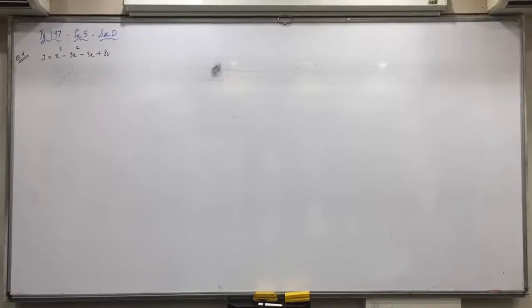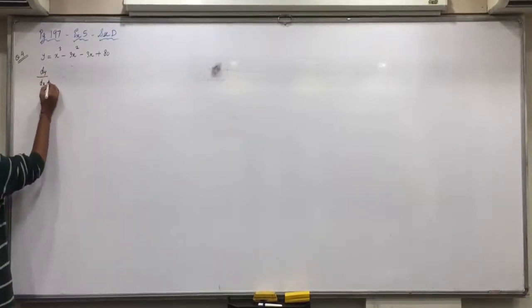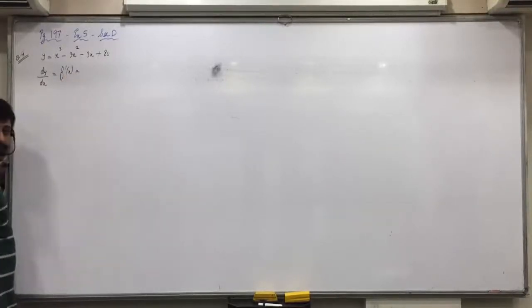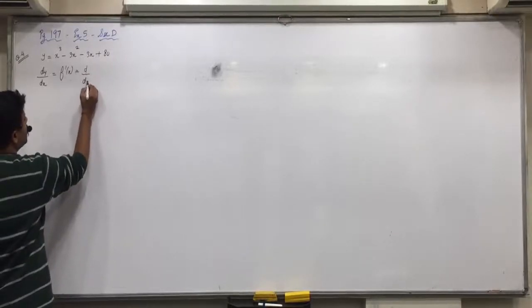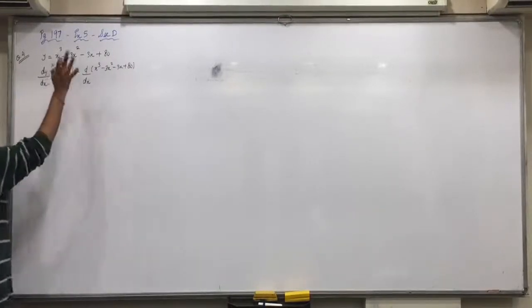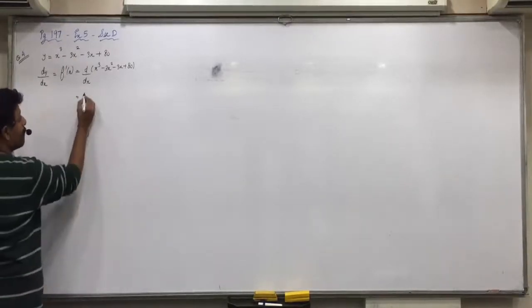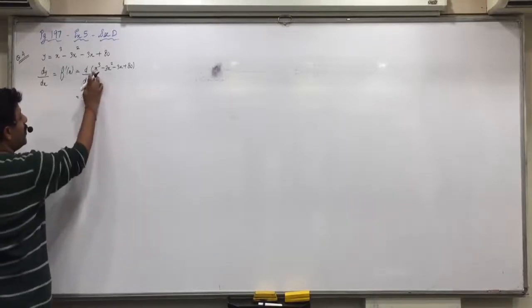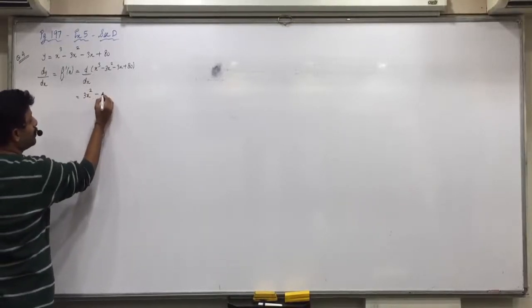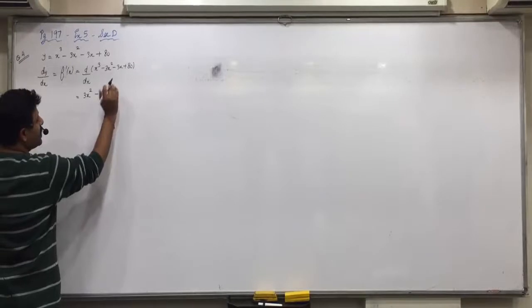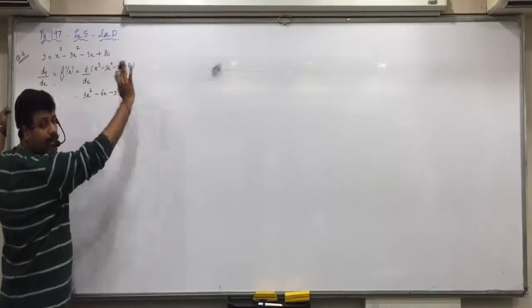But first we need to find dy by dx. So Dhruv, dy upon dx equals f dash x, d upon dx. In place of y we will write x cube minus 3x square minus 3x plus 80. Further, 3x square, 3x, 3 minus 1, 2, minus 3 into 2, 6x, 2 minus 1, 1, minus 3x simply becomes 3 and 80 becomes 0.